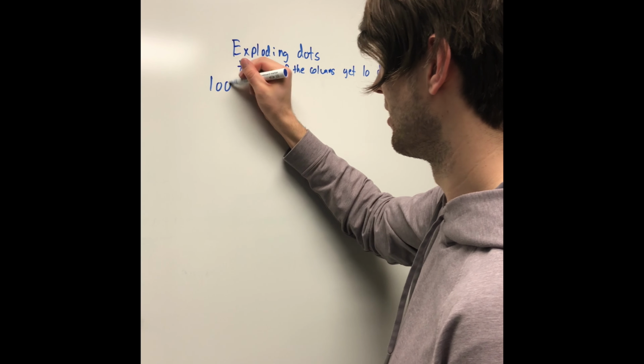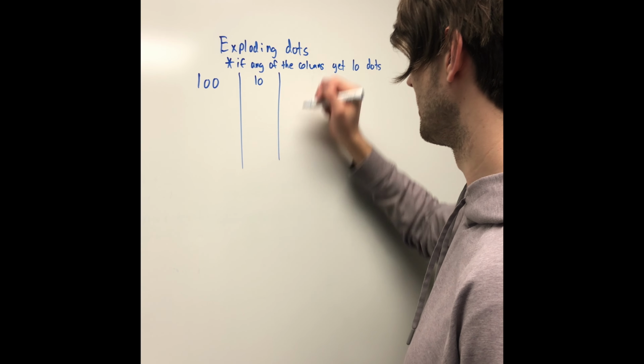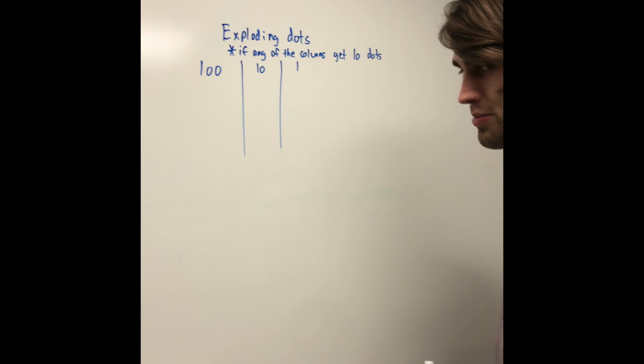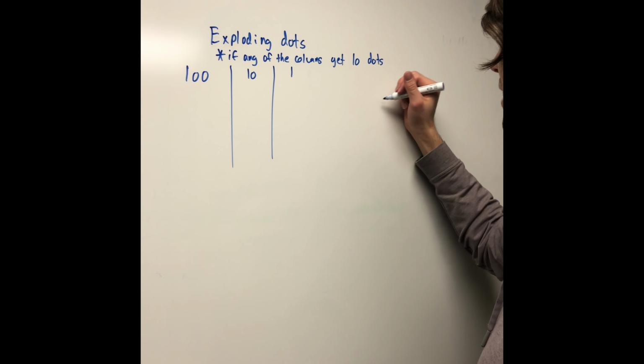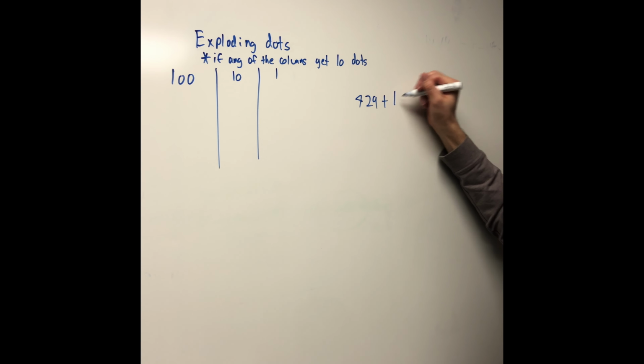I'll put my hundreds column, my tens, and my ones. As we know, our equation is 429 plus 176.